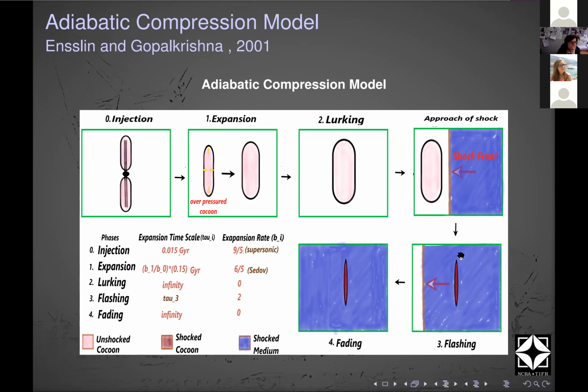The pressure jump adiabatically compresses the plasma population, and the work done during this compression increases the internal energy of the system, and in this process, the electrons gain energy. This phase is called the flashing phase. This compression continues until pressure equilibrium between the plasma and the post-shock medium is established, and the compression stops. Eventually, as a result of heavy radiation losses, the radio emission fades away. This phase is called the fading phase.